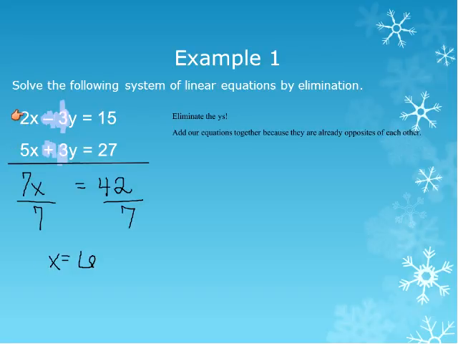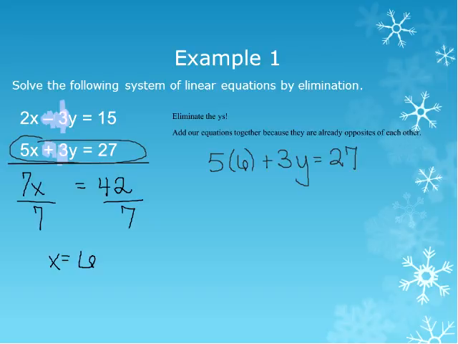Do you want to do it into equation 1, or do you want to do it into equation 2? All right, 2 was the first thing I saw come up in the chat box, so we'll use that. So we're going to do 5 times x, which is our 6, plus 3 times y equals 27.